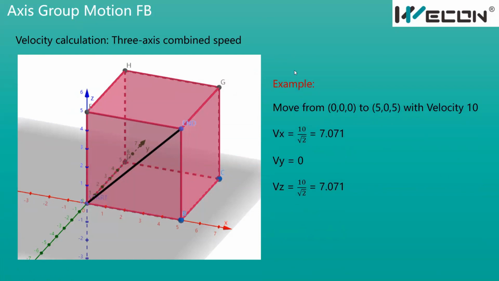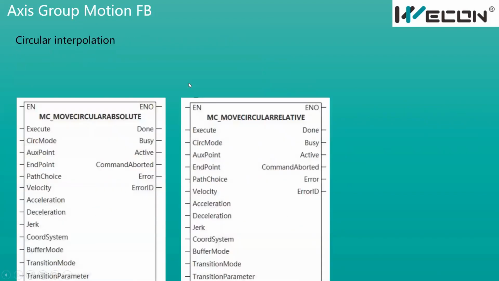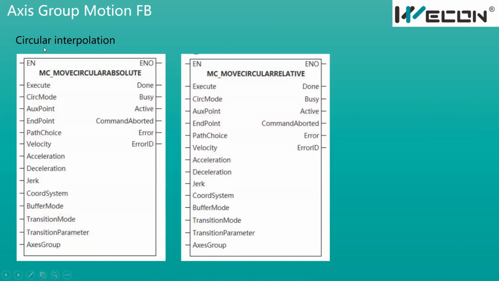Okay. And next is circular interpolation. We could see the input parameters are similar to the linear interpolation. But here we have two different parameters. This cycle mode and this path choose.